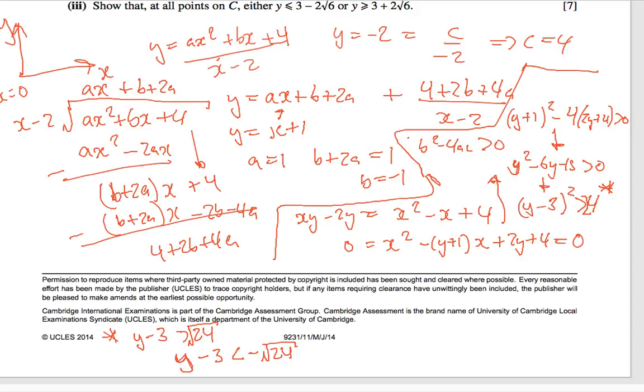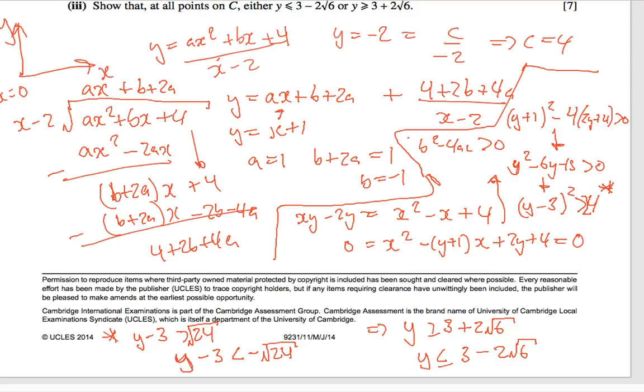So that gives you y greater than 3 plus the square root of 24, which is 2 root 6, I think. And then y less than 3 minus 2 root 6. Or equal to, because you can have the discriminant being 0, which would only give you one x value.